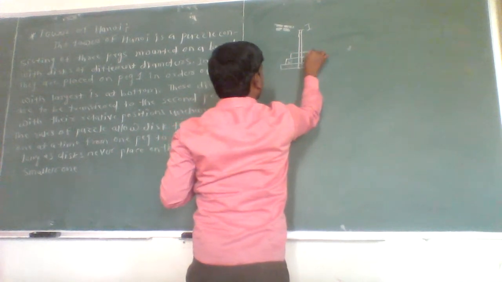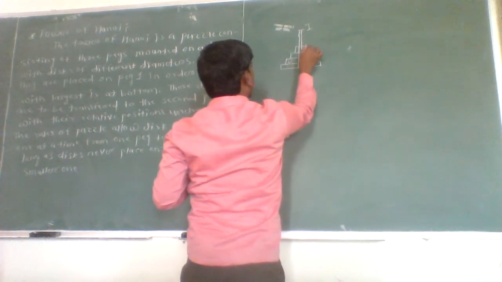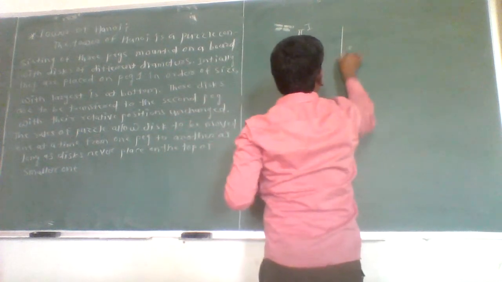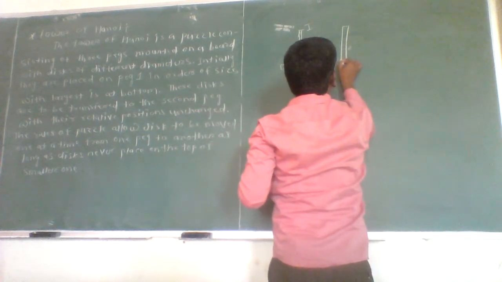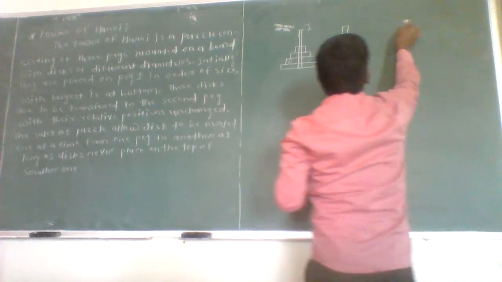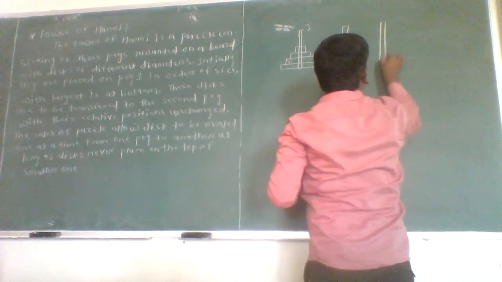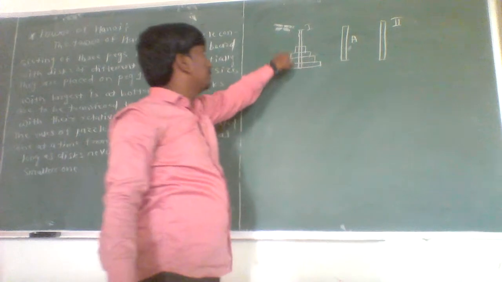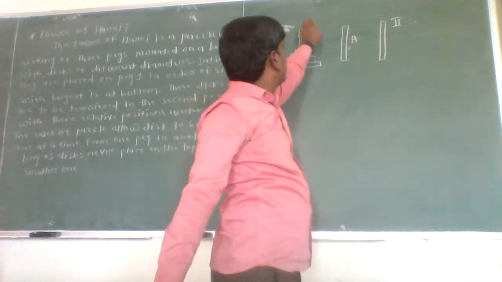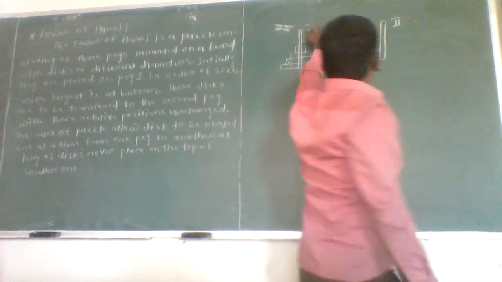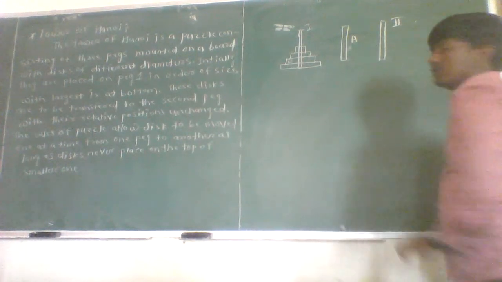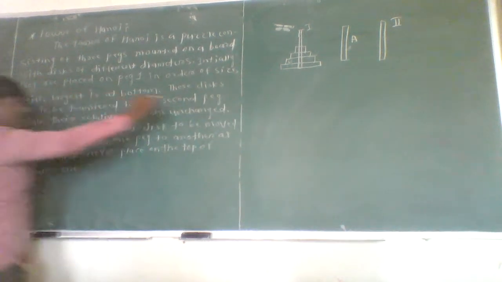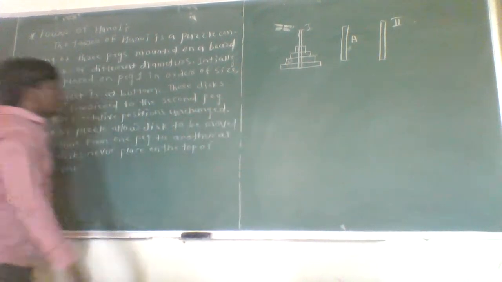Suppose these are the four discs, this is the first peg, this is the second peg, and the third peg. The largest one is at the bottom.